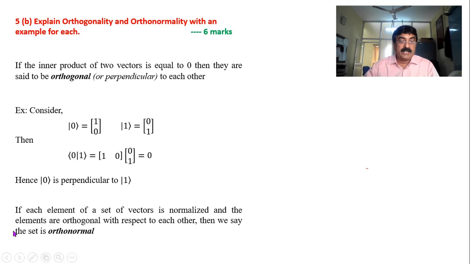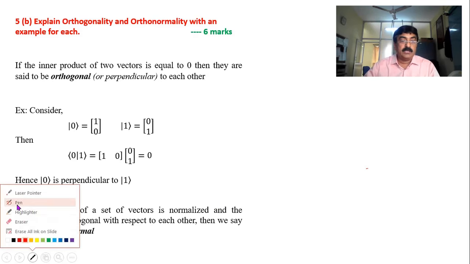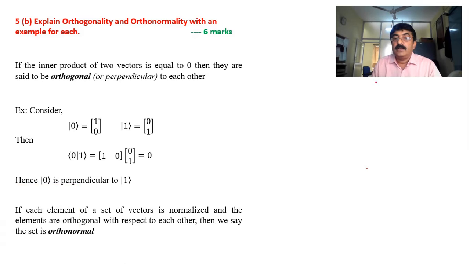Like I show you, if I take the inner product of 0 on 0 and it is equal to 1, then I can say ket 0 is normalized. Similarly, if I take the inner product of 1 on 1 and I get the answer as 1, then ket 1 is also normalized. So this is normalization.